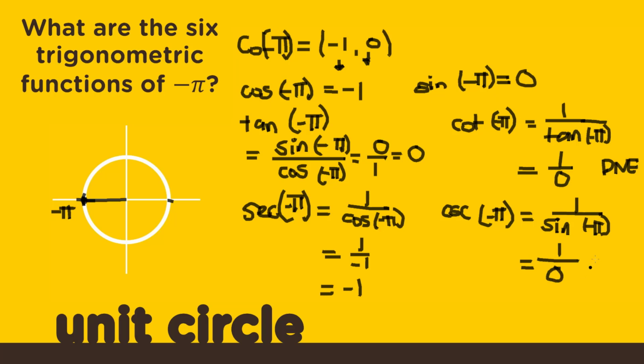Similar to our cotangent, it does not exist, DNE. So just like this, we are done with the 6 trigonometric functions of negative pi because we are sure that the terminal point of negative pi can be found on an axis, and the x and y values of our coordinate are both integers.